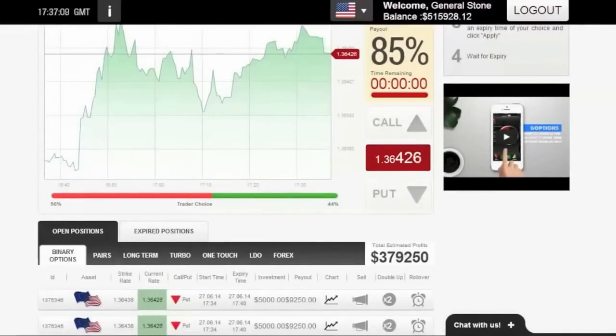So that's a huge potential return there, even more now. So $215,000 open risk with an absolute huge potential return right now.